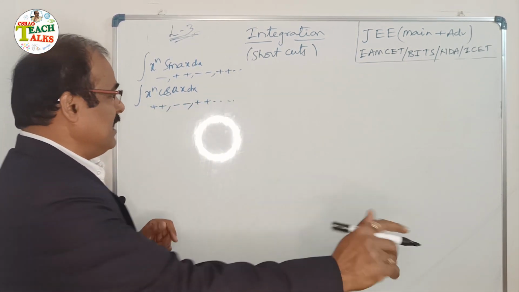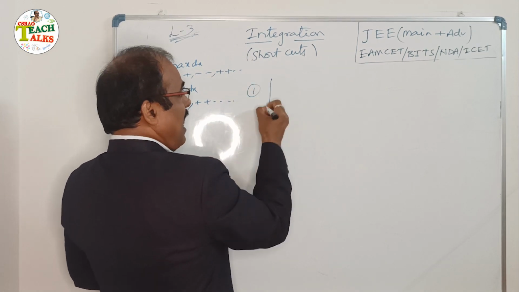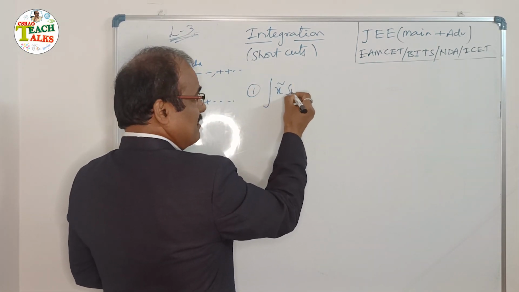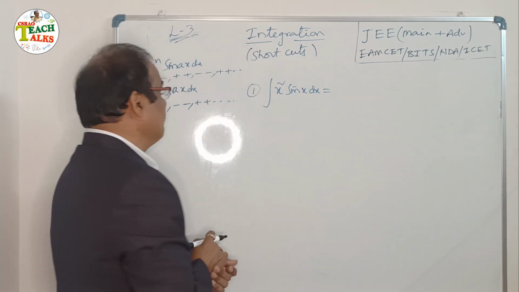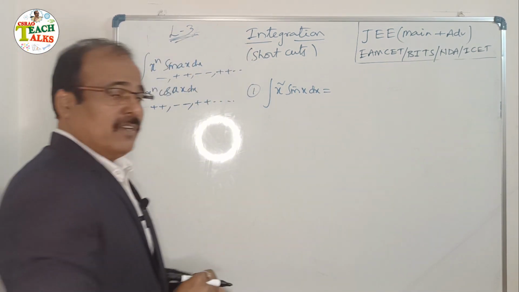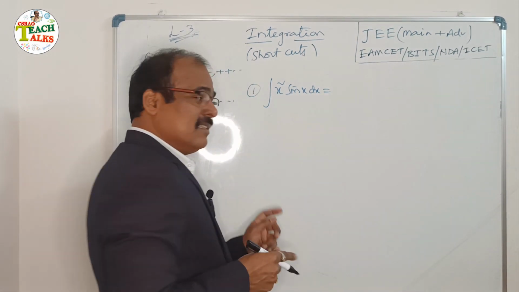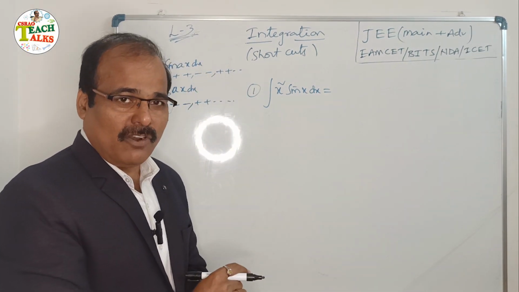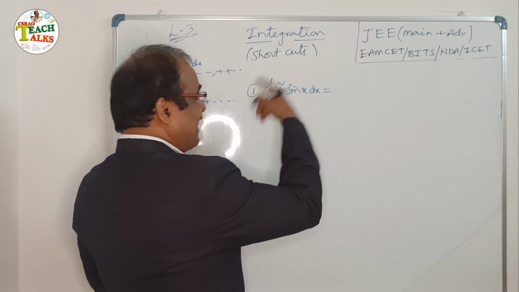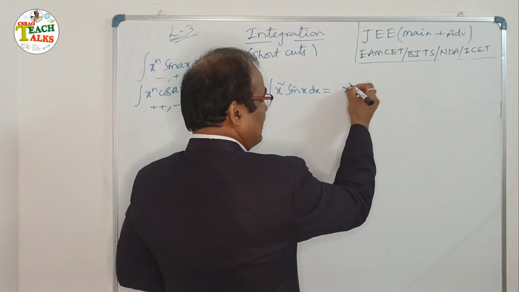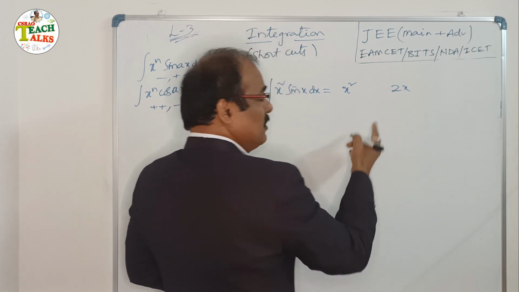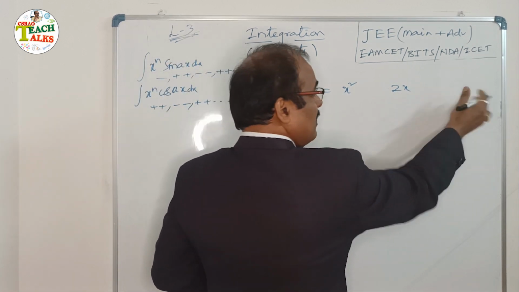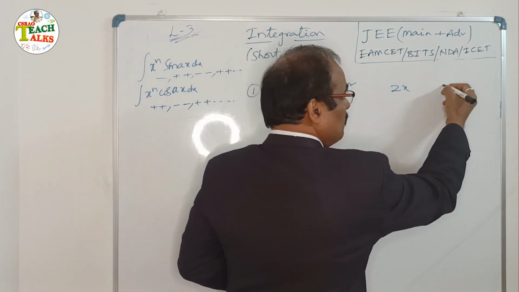If you take one example, integration of x square sin x dx. How can we do this one? First pattern. It is the same pattern we are following. First write x square, and the x square derivative 2x; give a gap and write 2x, and a little bit more gap, then the 2x derivative 2.